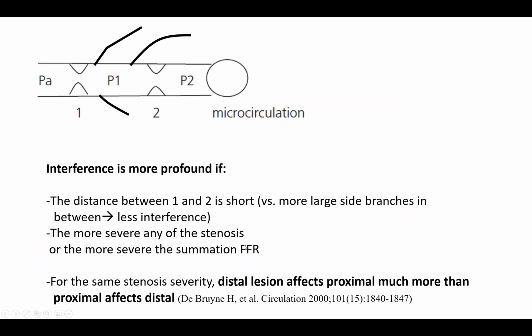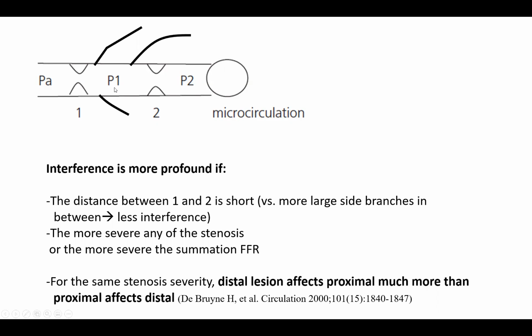Why is that? When you have serial stenosis, P2 still dramatically drops with hyperemia, but P1 does not drop as much. There is not much hyperemia at P1 level. So even if the proximal stenosis is more hemodynamically significant, P1 is not going to drop much because there is no hyperemia at this level.